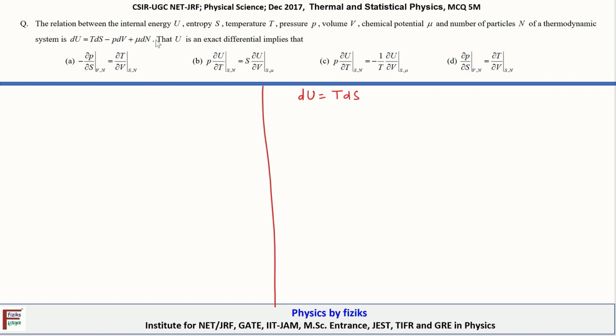equal to TdS minus PdV plus mu dN. Let's call this equation 1 here. Here we call S, V and N the natural variables for U, whereas T, P and mu are basically the redundant variables.